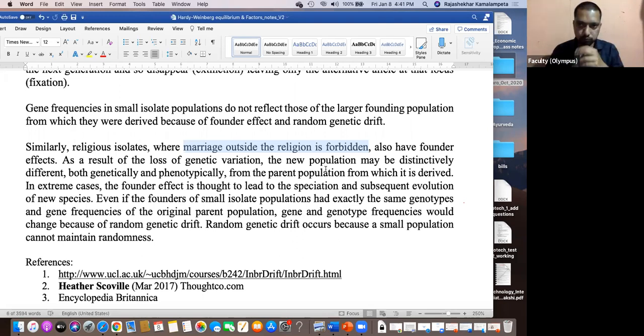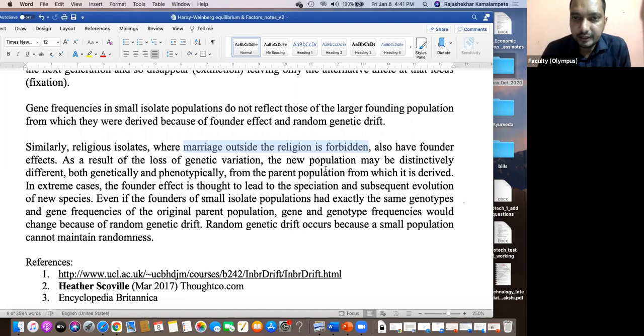Can we quote the Sentinelese tribe from Andaman in this? You can, yes. I have not learned about them, but all those tribes might be physically separated, correct?